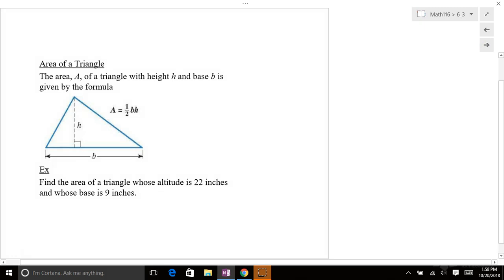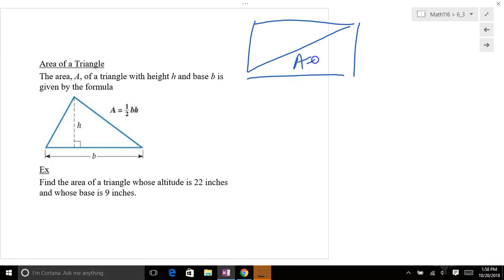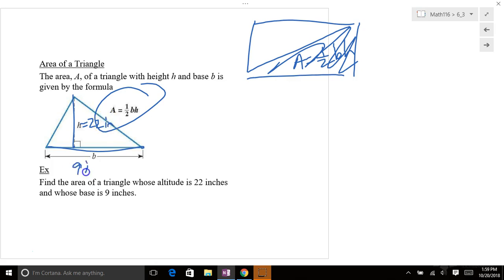Well, if you take a rectangle, base times height, or length times width, and you cut it in half, you've got a triangle. So 1/2 base times height is for a triangle. So find the area of a triangle whose altitude is 22 inches. They're saying the height is 22 inches and the base is 9 inches.